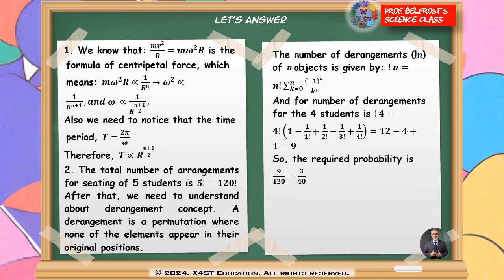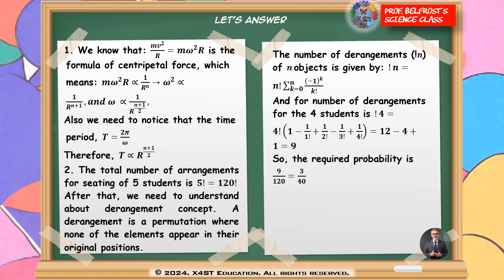By taking the square root of both sides, we can solve that omega is proportional to 1 over r raised to the power of (n plus 1) divided by 2. And also we need to notice another formula: the time period T can be expressed as 2 pi over omega. So T, the period, is proportional to r raised to the power of (n plus 1) over 2. That's for number 1. So how about number 2?